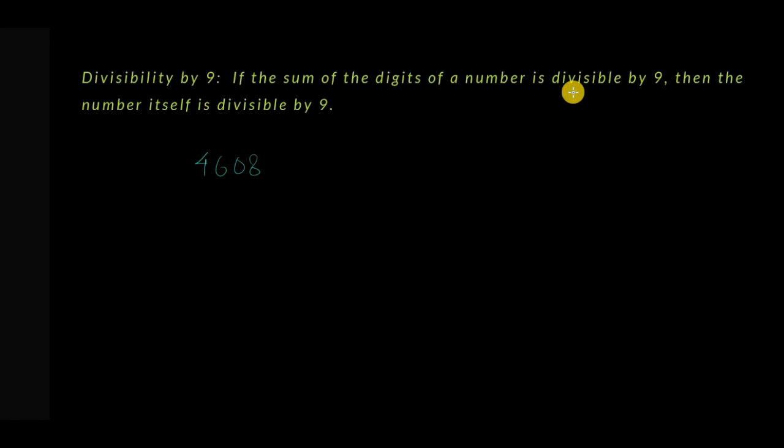If the sum of the digits of a number is divisible by 9, then the number itself will be divisible by 9. So what it says is, the sum of these digits, 4 plus 6 plus 0 plus 8, the answer will be 18.